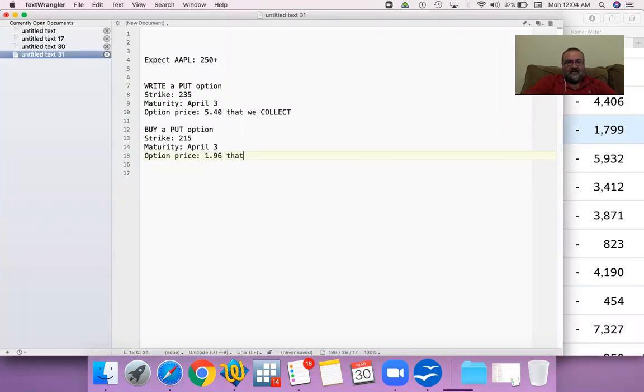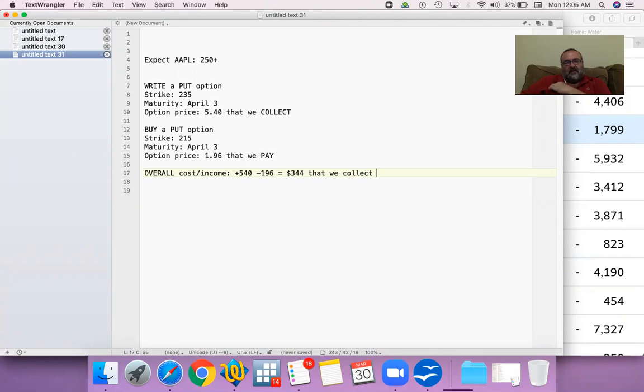that we pay. So overall cost or income: we're collecting $540 and we're paying $196, so $344 that we collect.